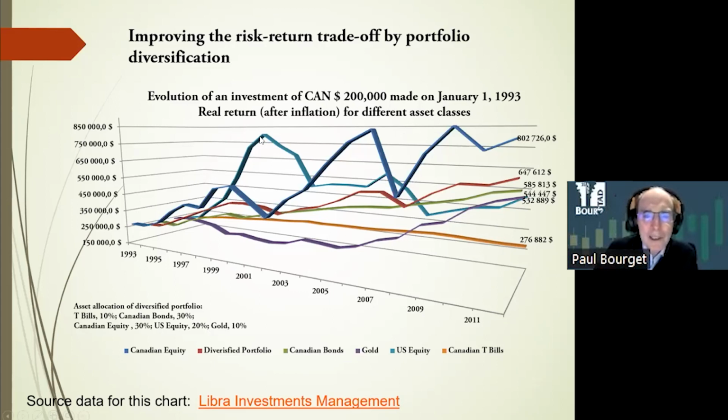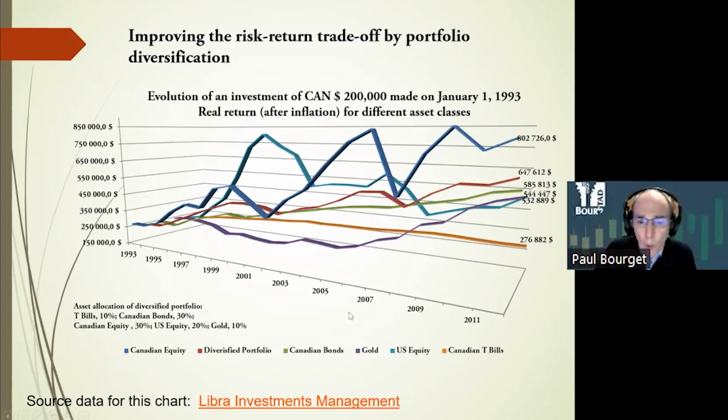So that was quite a lot of money. But first, there was the tech bubble that imploded. And then there was the financial crisis in 2008. And at the end of the 20-year period, you had accumulated a little more than 500,000 Canadian dollars.